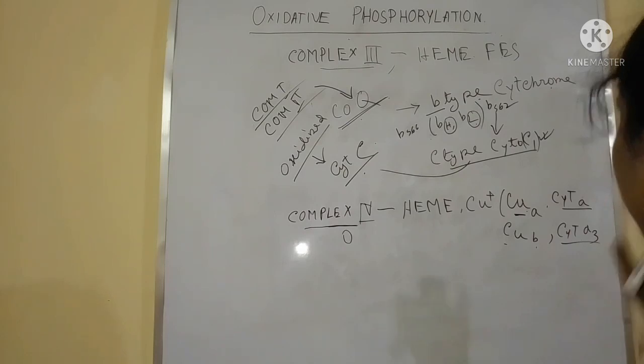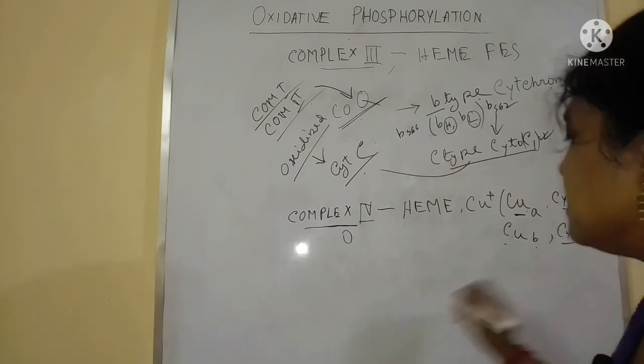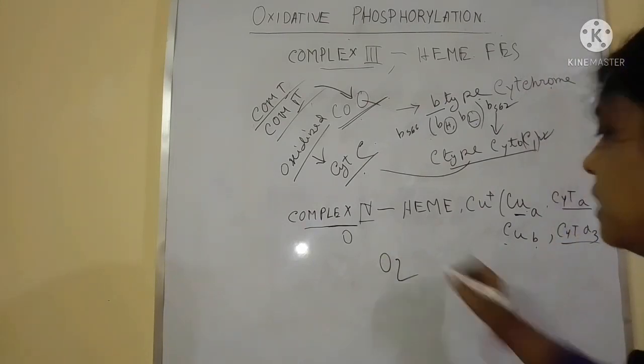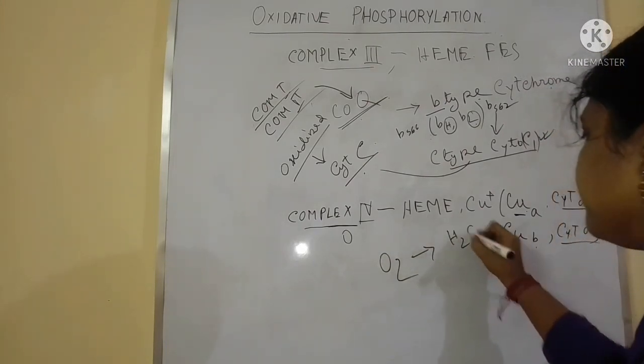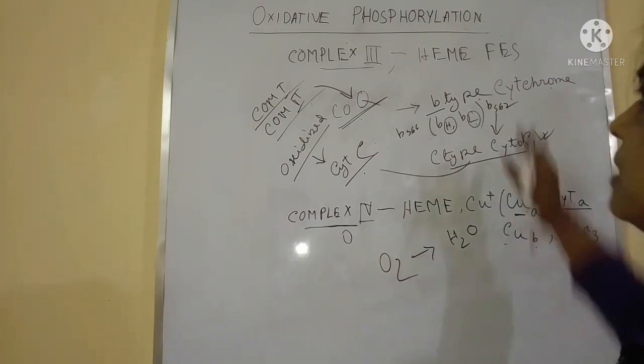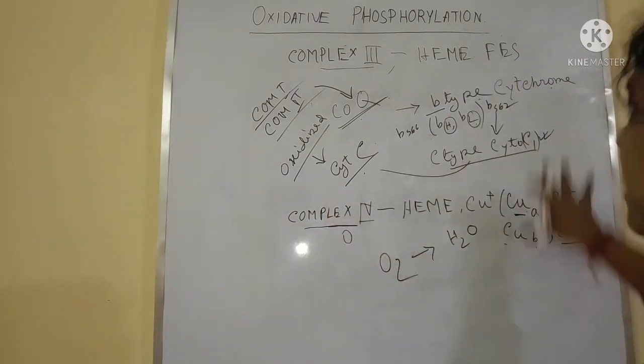Clear? And after that, these electrons combine with oxygen to form water. Clear? So, these are the roles of complex 4 and complex 3.